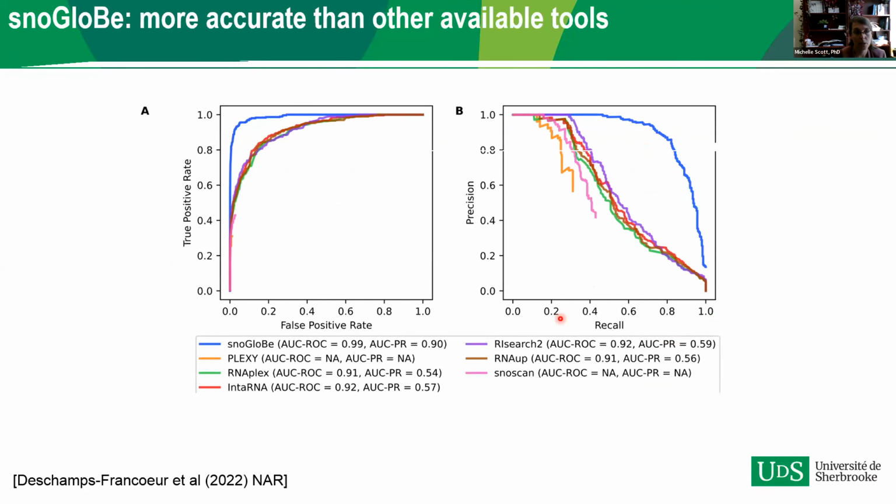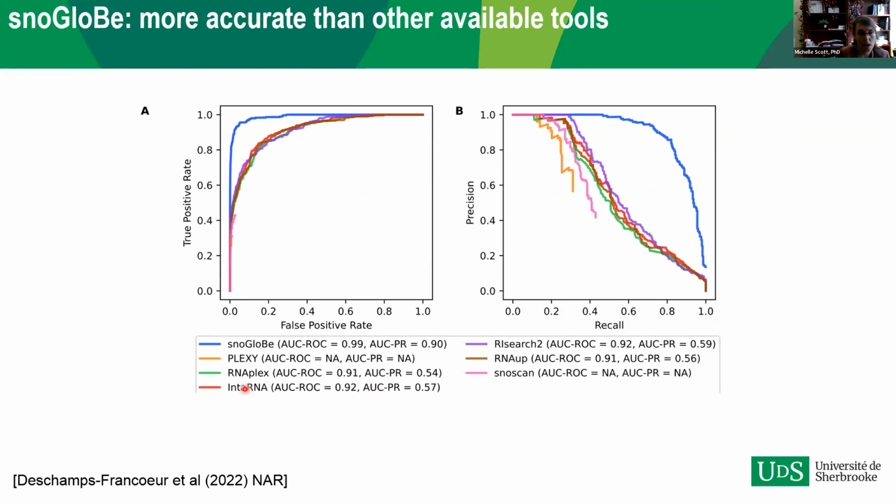So we created our predictor, and then we compared its performance to the performance of other similar predictors. The closest predictors that we could compare SNOGLOBE to are PLEXY and SNOSCAN, which are predictors mostly of canonical interactions of box C/D and H/ACA snoRNAs. So it might be a bit unfair to compare them to SNOGLOBE, which is trained and built to also be able to predict non-canonical interactions.